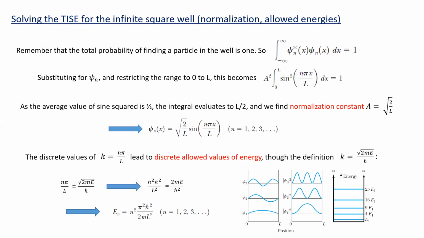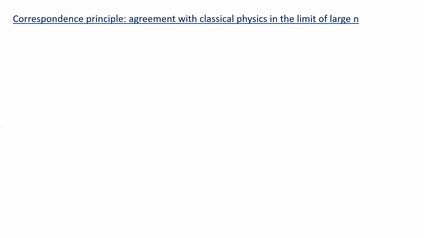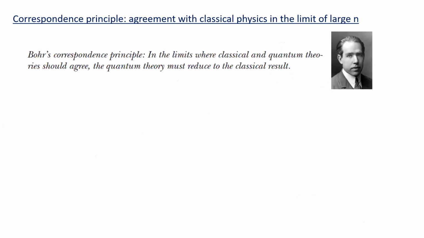All right, what about the correspondence principle? Agreement with classical physics in the limit of large n, where n is the so-called quantum number that we have. Remember Bohr, back at the Bohr atom, said that in the limits where classical and quantum theories should agree, the quantum theory must reduce to the classical result.